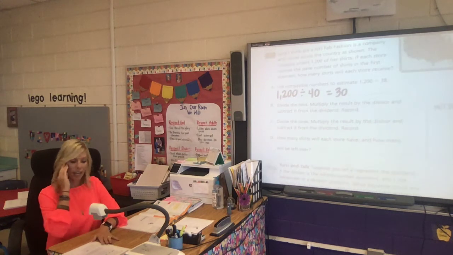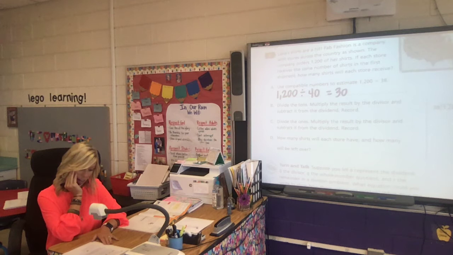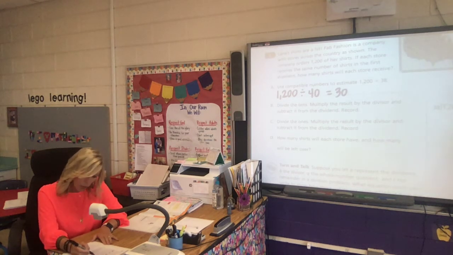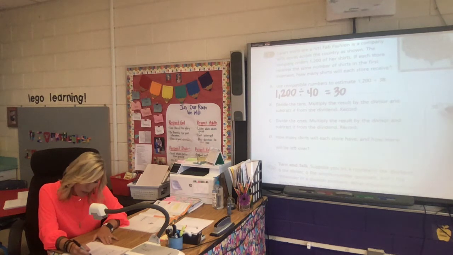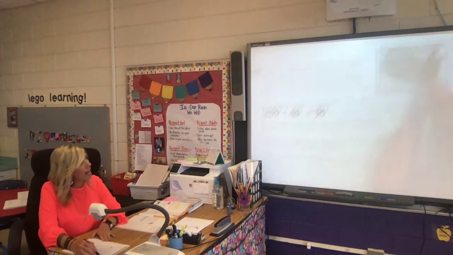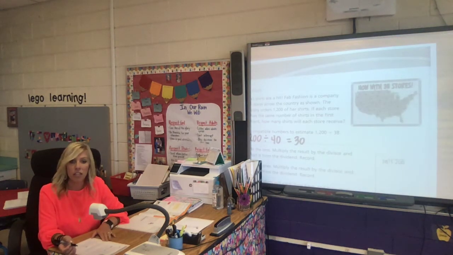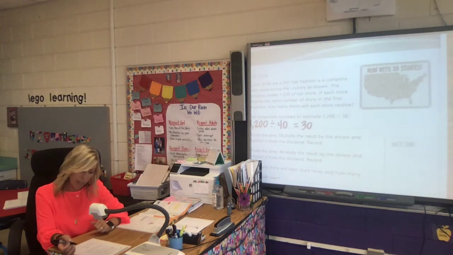Okay, so let's go ahead and work that out, because remember, we had 1,200 shirts, and we're dividing that by these 38 stores that we see here in the picture. So that's where that 38 is coming from, because every store is going to get the same amount of shirts.